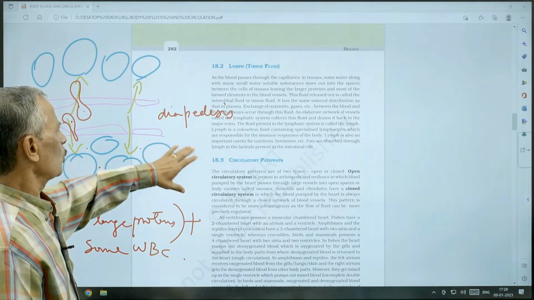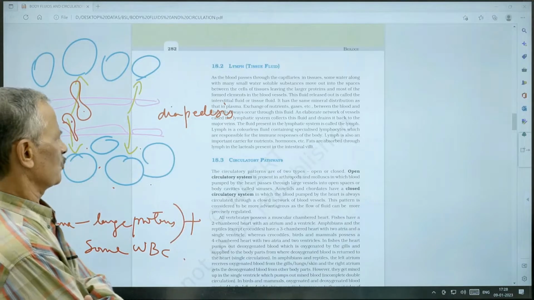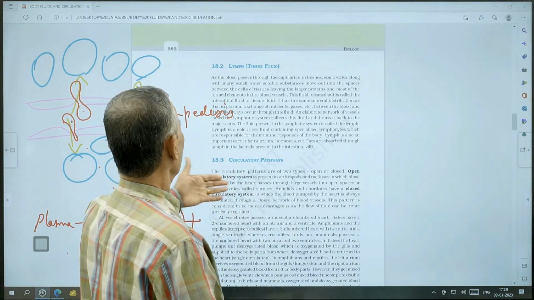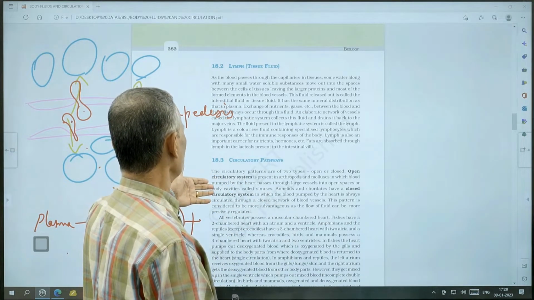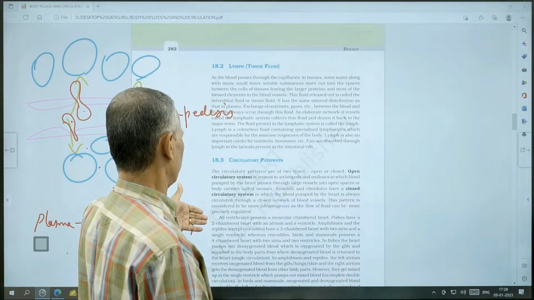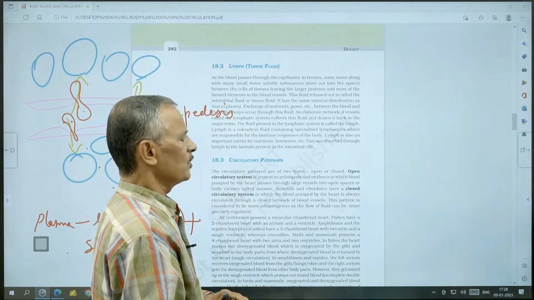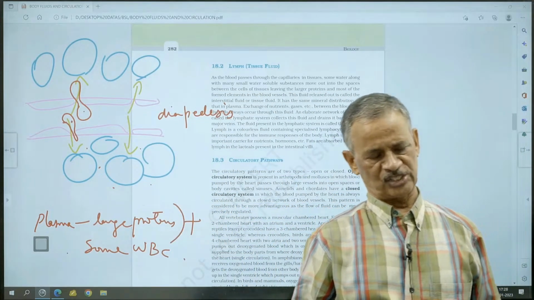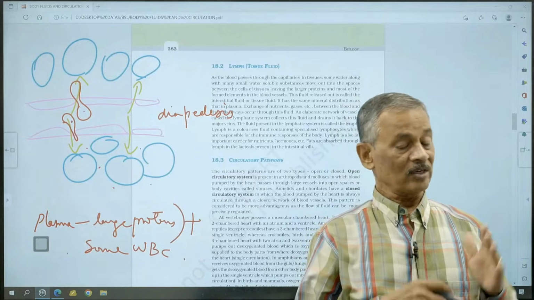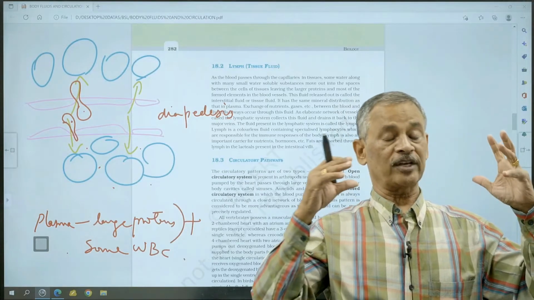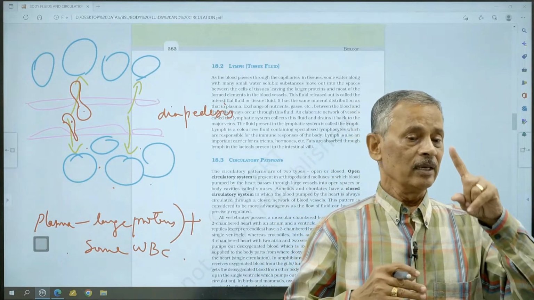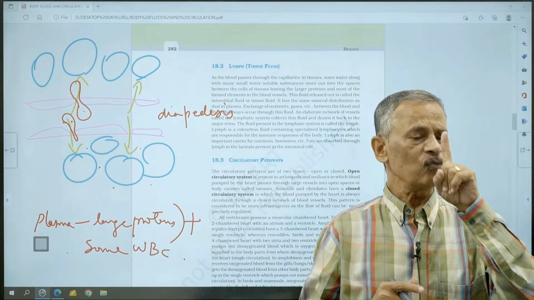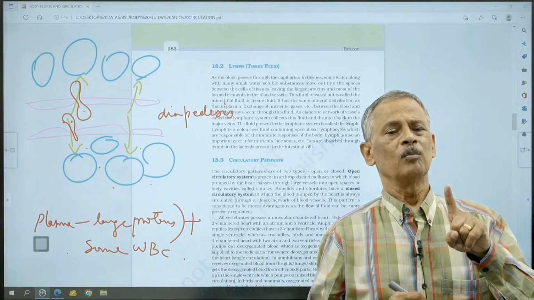Now we pass on to circulatory parts. As I told you, in animals we have open circulatory systems and closed circulatory systems. As vertebrates, we all have a closed type of blood vascular system. But what about our circulatory way? In fishes, there is only one route in which blood is flowing.